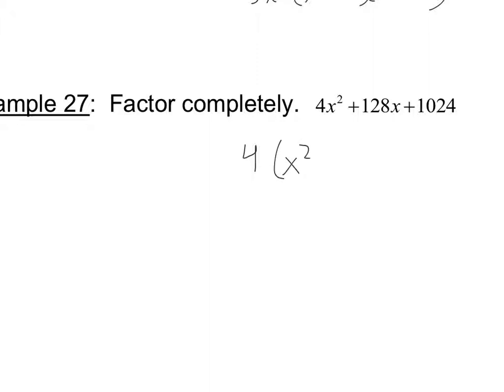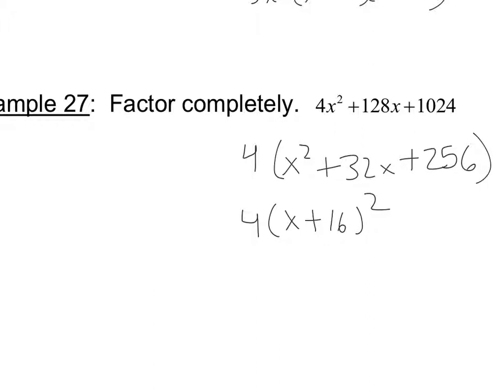You're left with x squared plus 32x plus 256. Had to use the calculator there. Well, we already did that one. It's going to be x plus 16 squared. Okay, let's go on to another page.